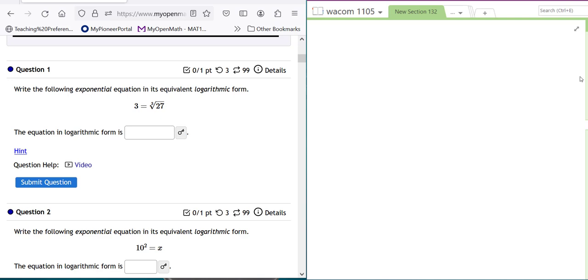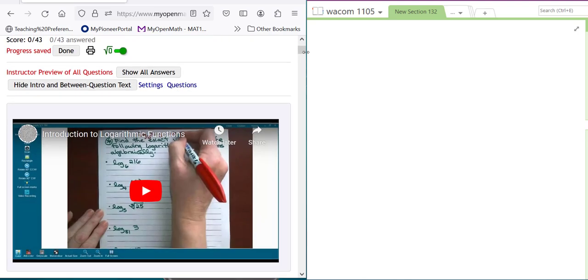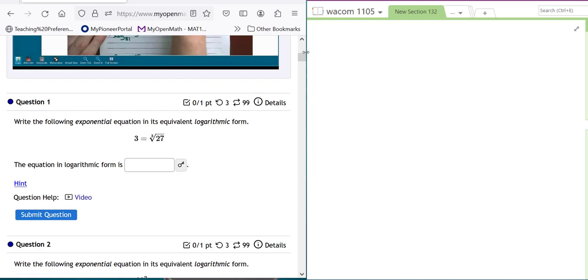All right, so this section is going to have you switch a lot between exponential form and logarithm form. What you're going to do is spiral around this equal sign. So you have b to the x, and the base is the same in both. We are now in section 5.2a.